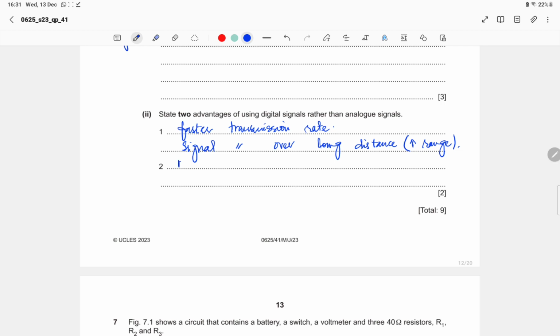Then noise can easily be removed, and then a signal can be regenerated. So out of these four, you can write any two.